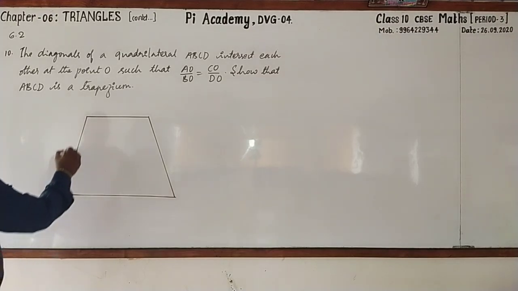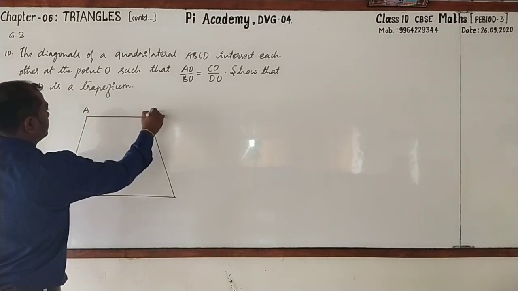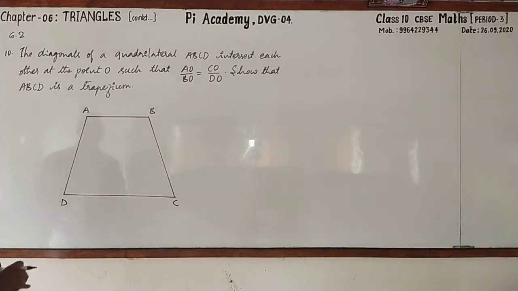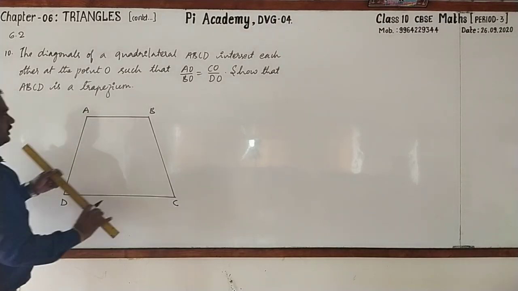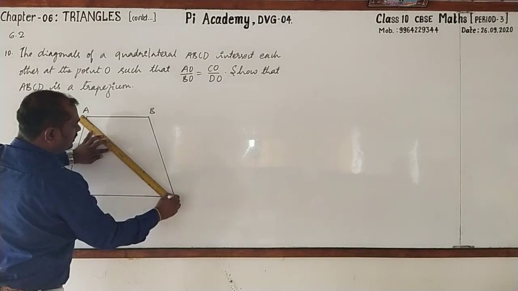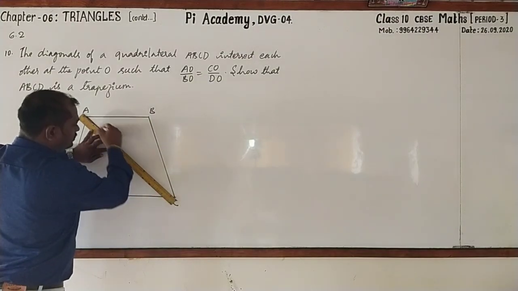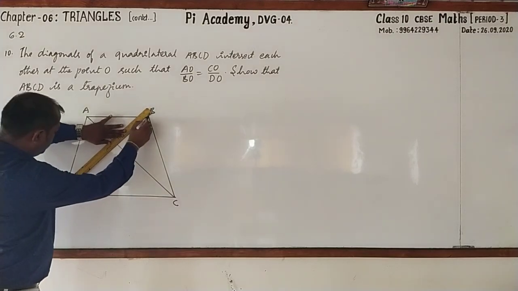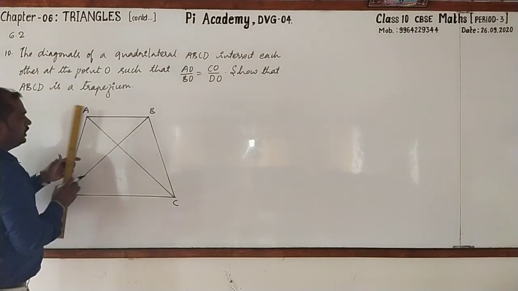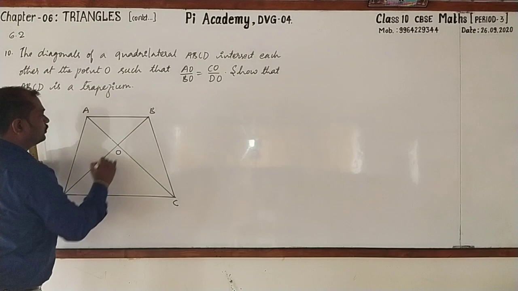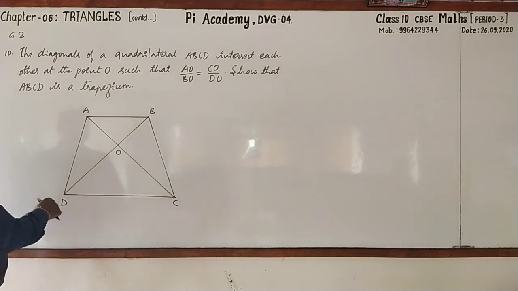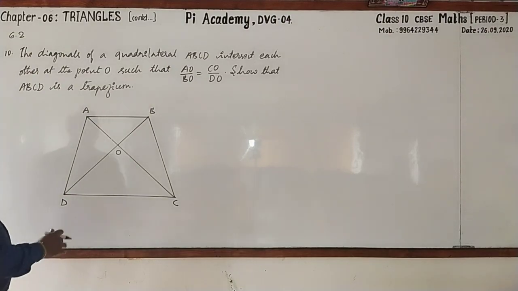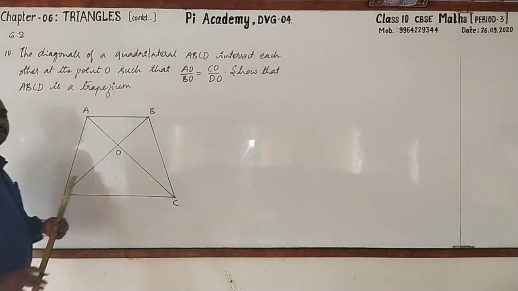Name this quadrilateral as A, B, C, D. ABCD is a quadrilateral. Then the diagonals intersect each other at point O. Join AC, then BD. These two intersect each other at point O such that AO by BO equal to CO by DO. We have to prove that it is a trapezium.